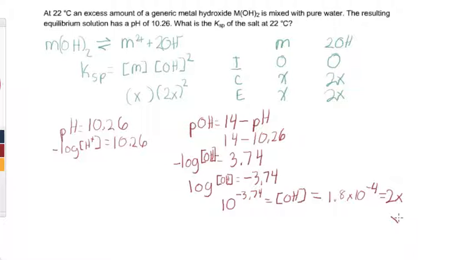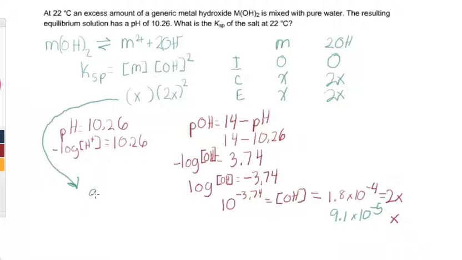My x is going to be that number divided by 2, or 9.1 times 10 to the -5th. So now I'm going to plug those things in.